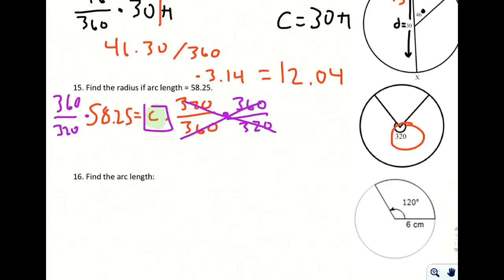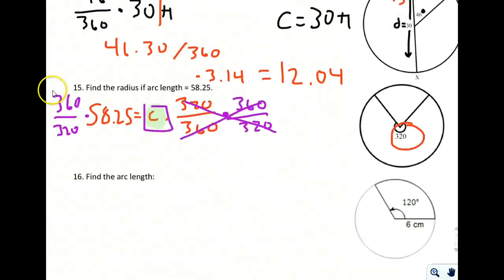And then on this side here, we're going to have to plug it in. So 360 divided by 320. And then we take that number and we multiply that by 58.25. And we get 65.53.